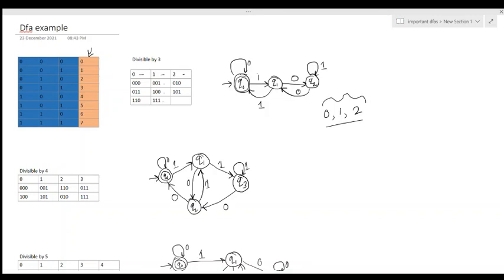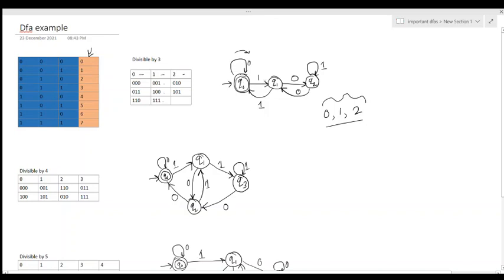So we always start with a self-transition on 0, because any number of zeros is divisible by 3. Next comes the state for remainder 1.